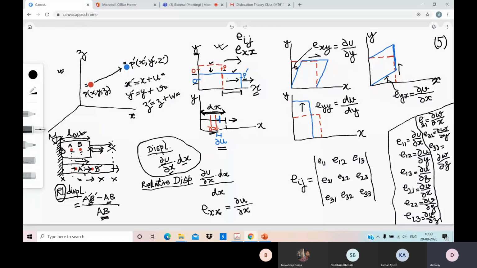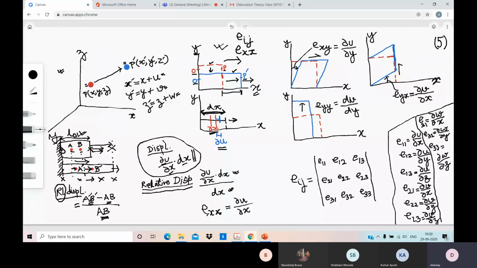So this is the total displacement on the entire length dx. So we write total displacement and divide it by dx, because dx is also the initial length. So displacement divided by initial length is my relative displacement.